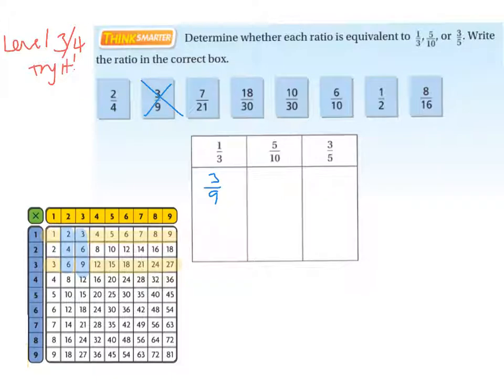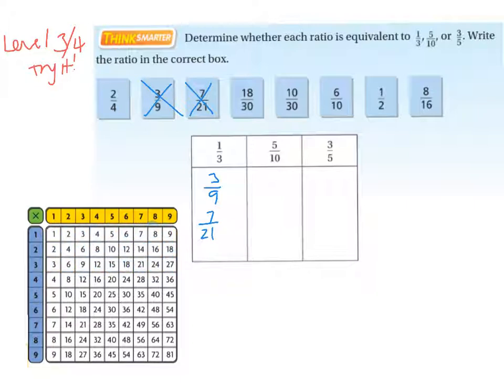And then I'm going to keep on going. 4/12ths, nope. 5/15ths, nope. 6/18ths, nope. 7/21st. Oh, look, there's that one right there. Maybe there's a different way to do this, but this is the way I'm doing it today. 8/24ths, nope. 8/16ths, and 9/27ths. So that's all that I found on my board so far.